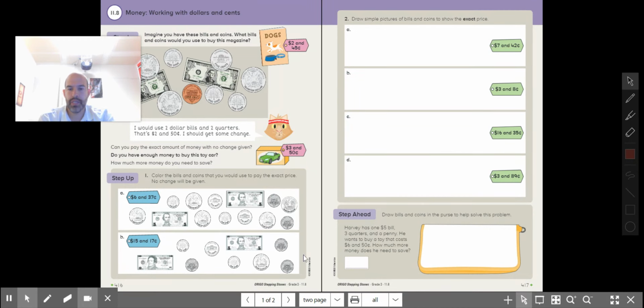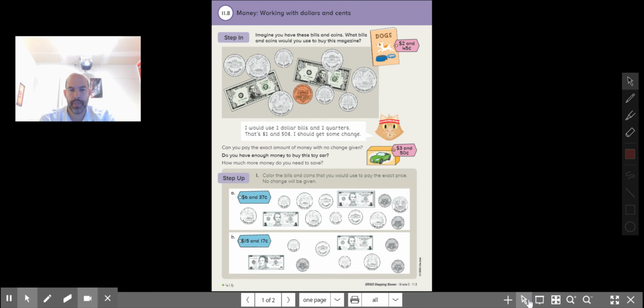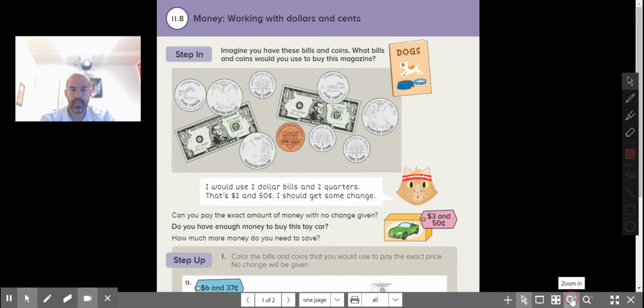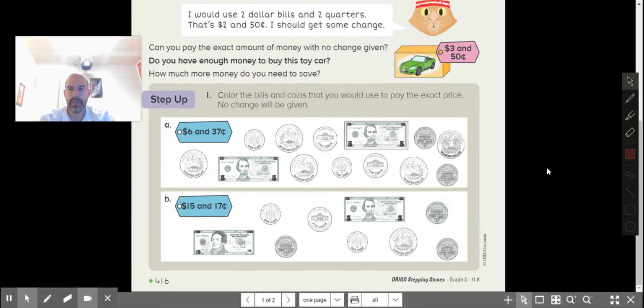And on our work pages today, as you can see, it gives us some activities to do here in the step up. I'm going to go ahead and just zoom in on our page a little bit here. So it says, color the bills and coins that you would use to pay the exact price. No change will be given. All right.